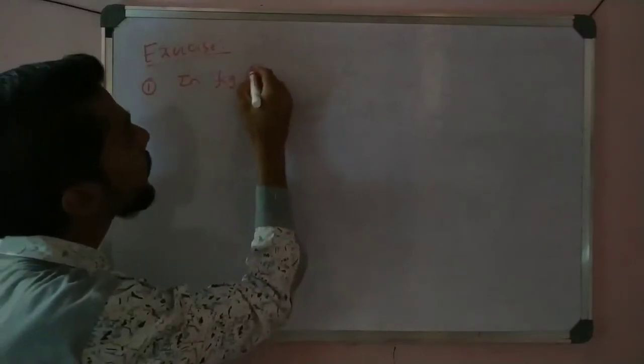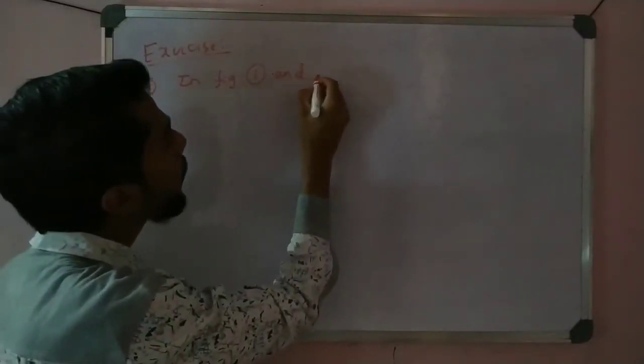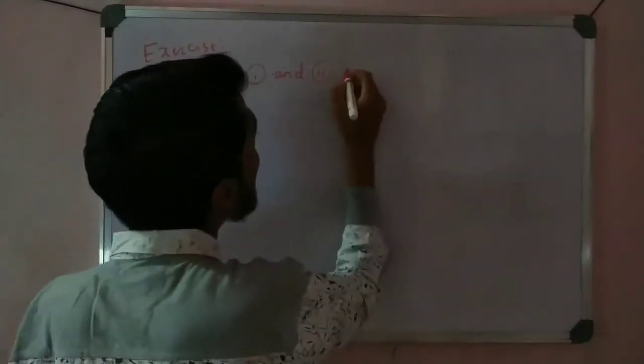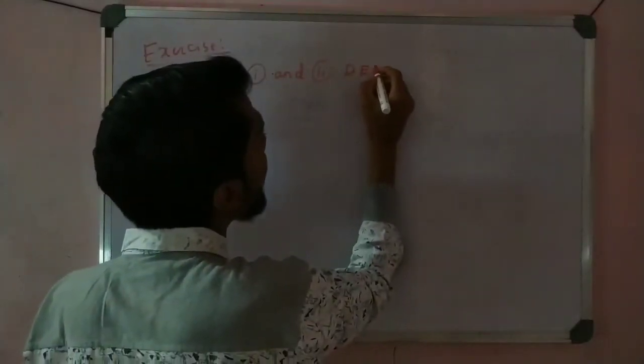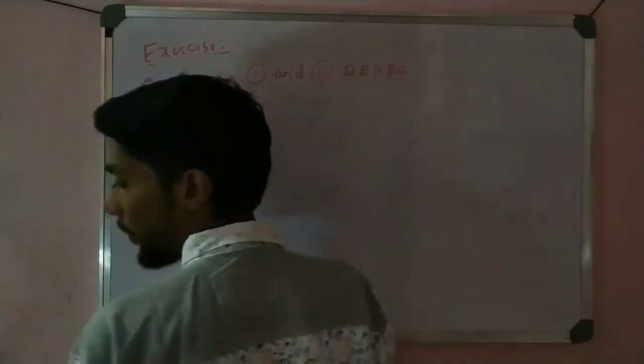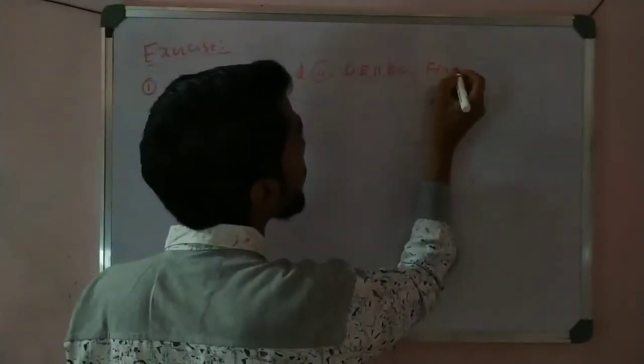Exercise. Okay, now question number 1. See here, in figures 1 and 2, DE is parallel to BC.